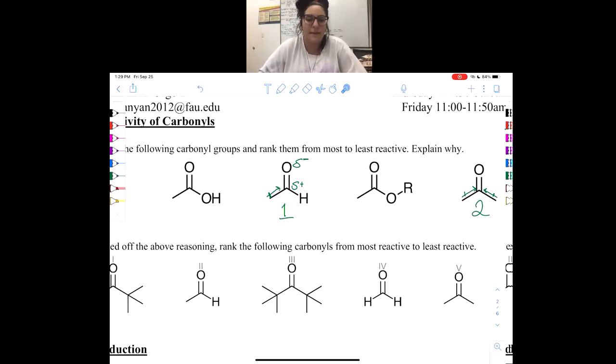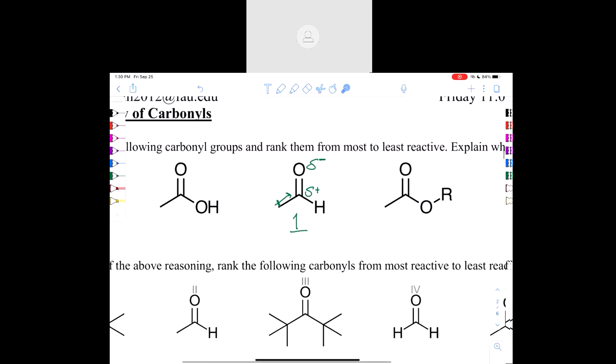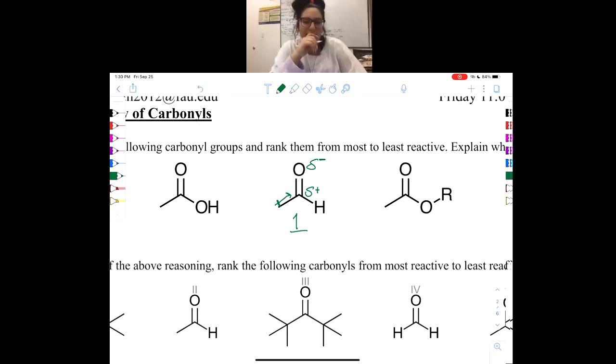But between the 2 of them, what do you guys think? Do you have any opinions? Which one do you think is more or less reactive? I feel like the one with the R group has less resonance than the one with the alcohol, the carboxyl group. Okay, that's a good idea, but why do you think it would have less resonance?